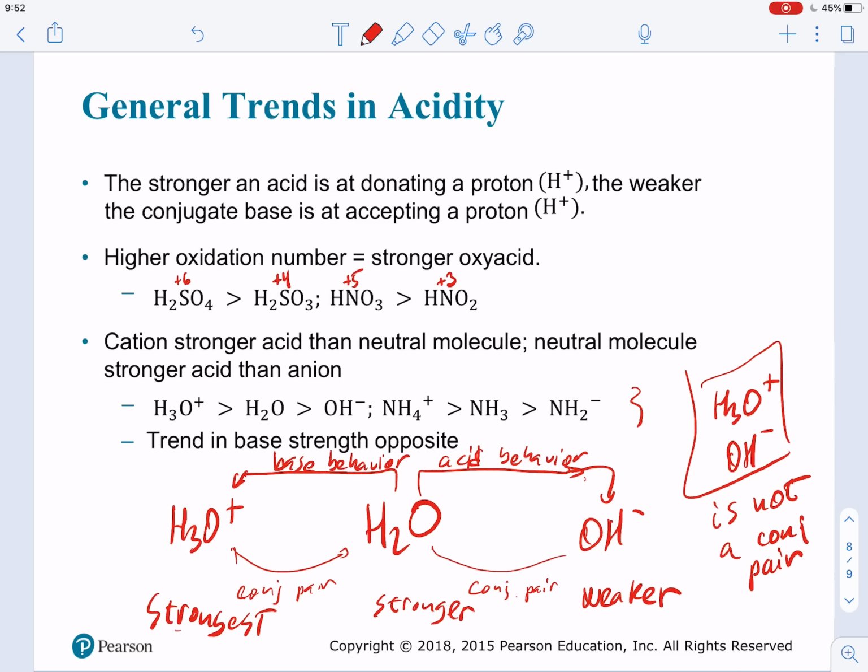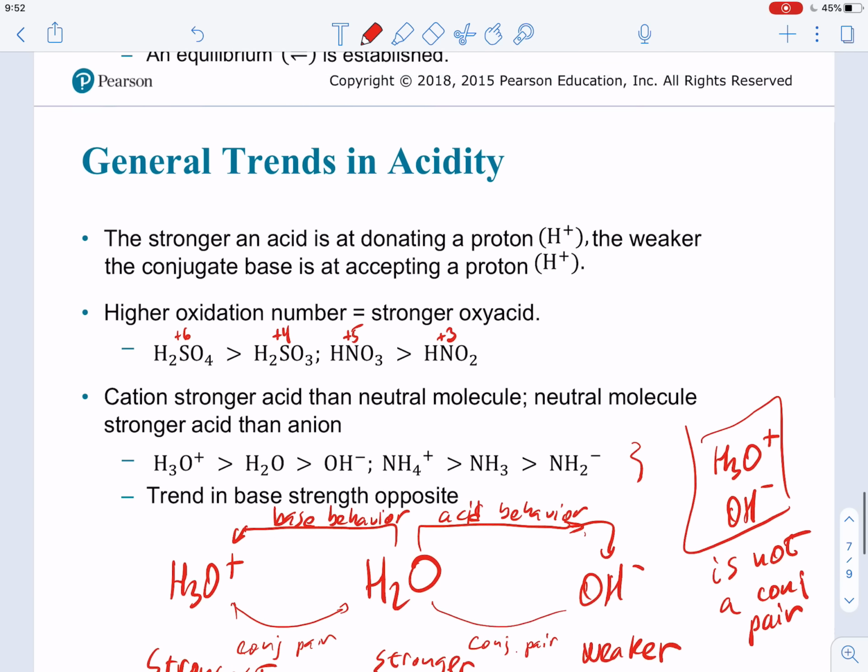If you are comparing those 3, the same thing applies to any other substance in which you can obtain multiple structures by changing the number of protons. The higher number of hydrogens on a structure will give it a stronger acid character. So that's the main thing here.